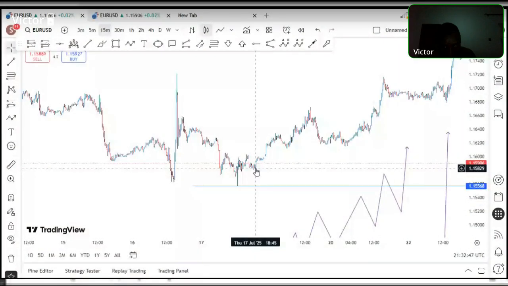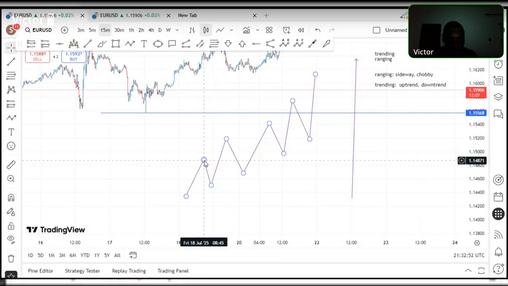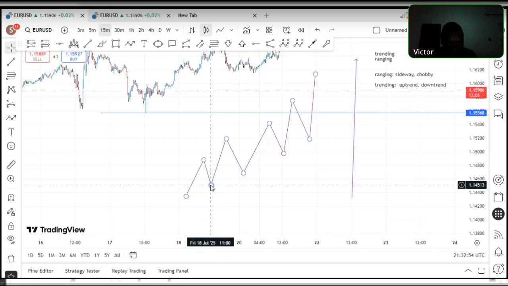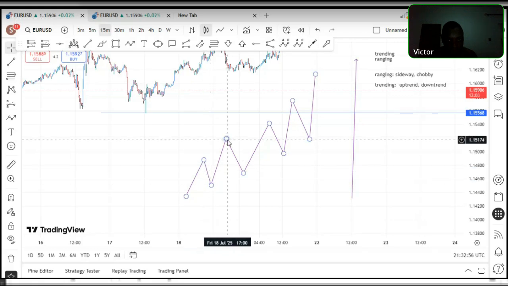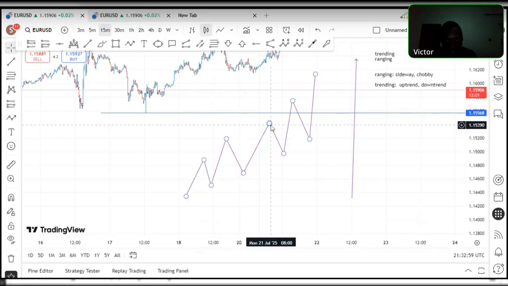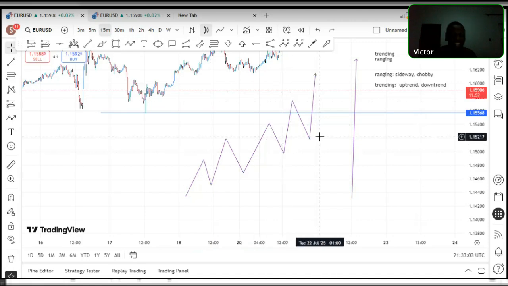So that's why you see the price come here buying, return back selling. It came here buying, it returned back selling. It came here, it returned back. So that's how a bullish market moves. You understand? Do you guys understand?